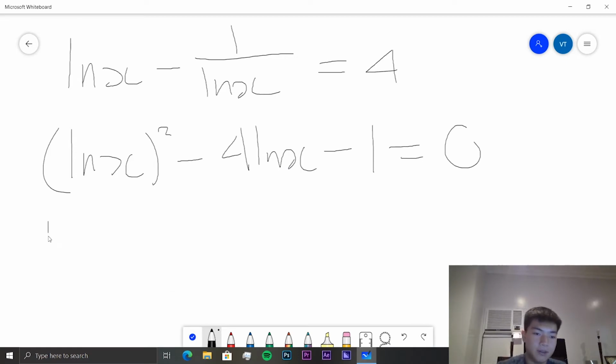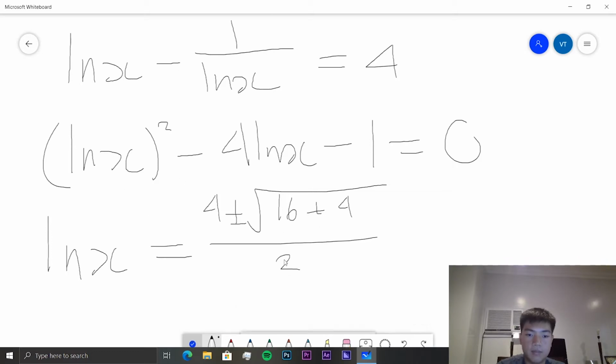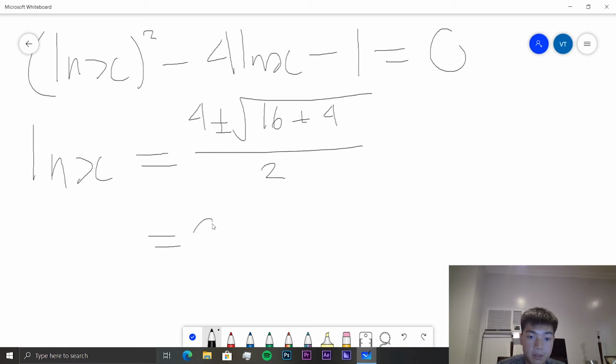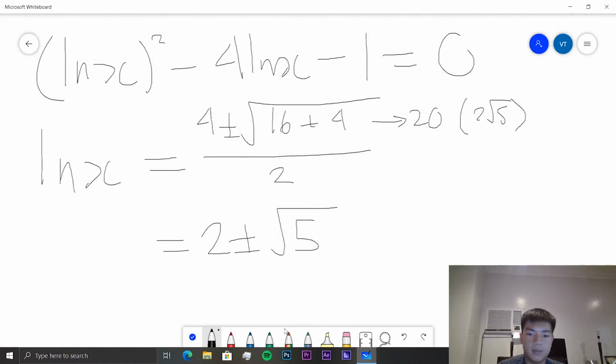And then we can simply solve like a quadratic. Ln x is equal to 4 plus or minus the square root of 16 plus 4, over 2a, which is just 2. So this is equal to 2 plus or minus, this is 20, which is 2 root 5, so this is 2 plus or minus root 5. And so that should honestly be the answers.